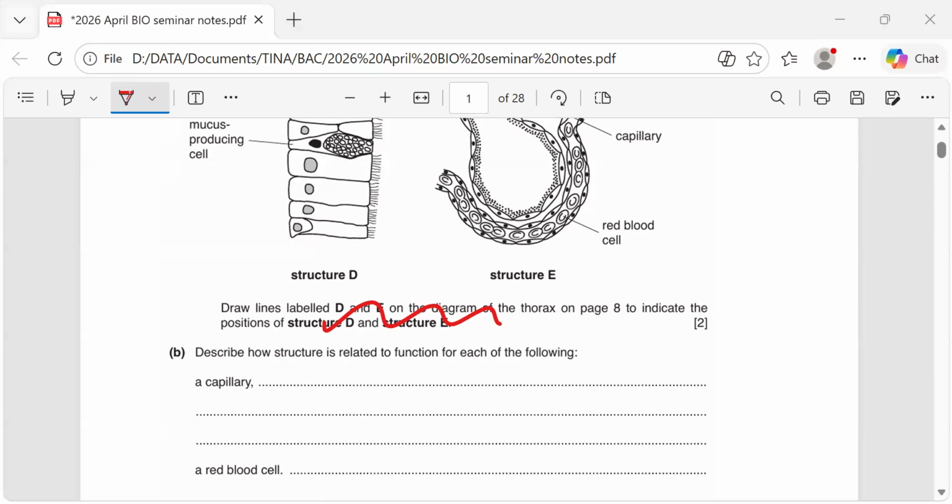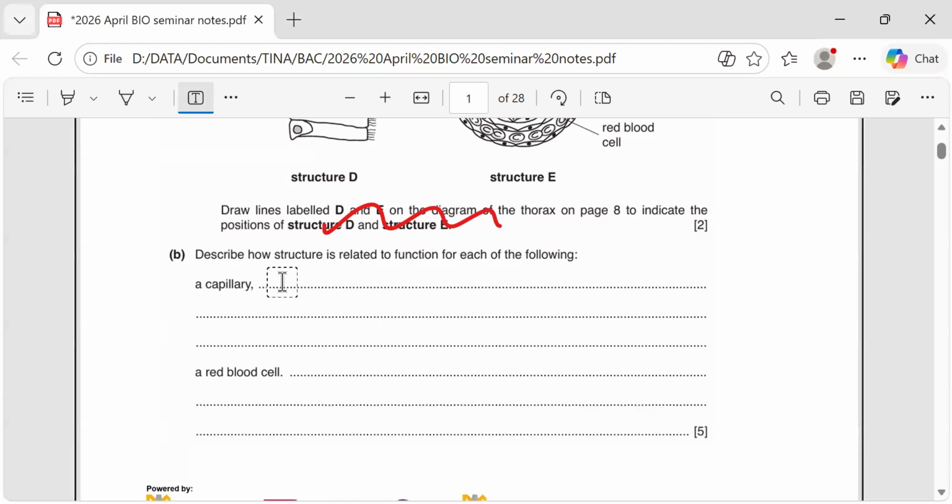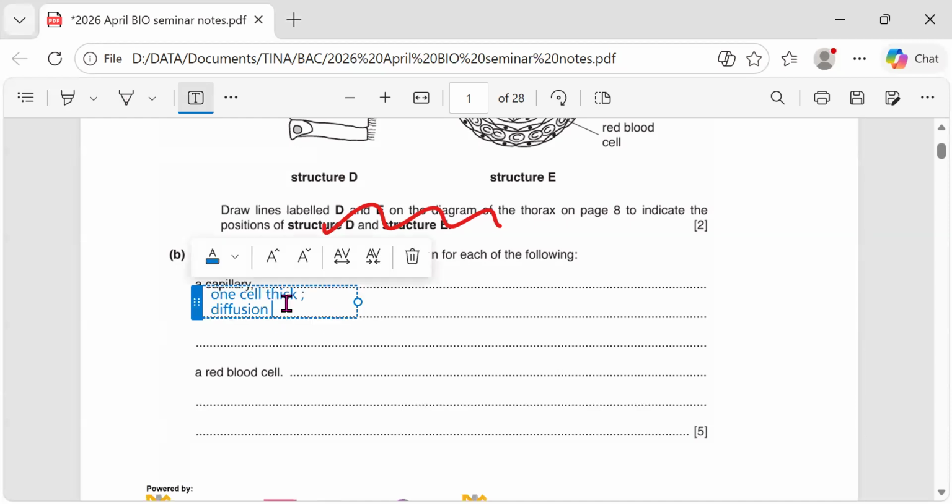Very thin walls for a short diffusion distance, and then a lot of capillaries. So the total is 5 marks. It's one cell thick, so short diffusion distance for oxygen and carbon dioxide.